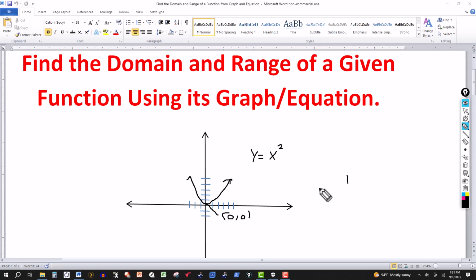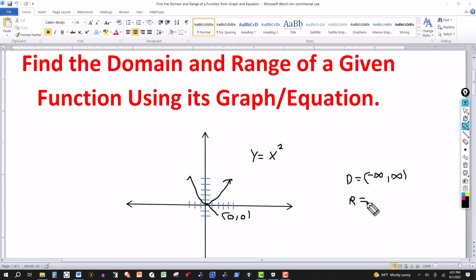So the domain: x is 0, y is 0, x is some positive number, y is some positive number. I can go way over here, I get a positive number, I go way up the graph, y will be positive. Same thing on the left side, so the domain will be all real numbers, or negative infinity to infinity. No restriction on the x, it can be all real numbers. But notice the graph of this parabola stays above the x-axis.